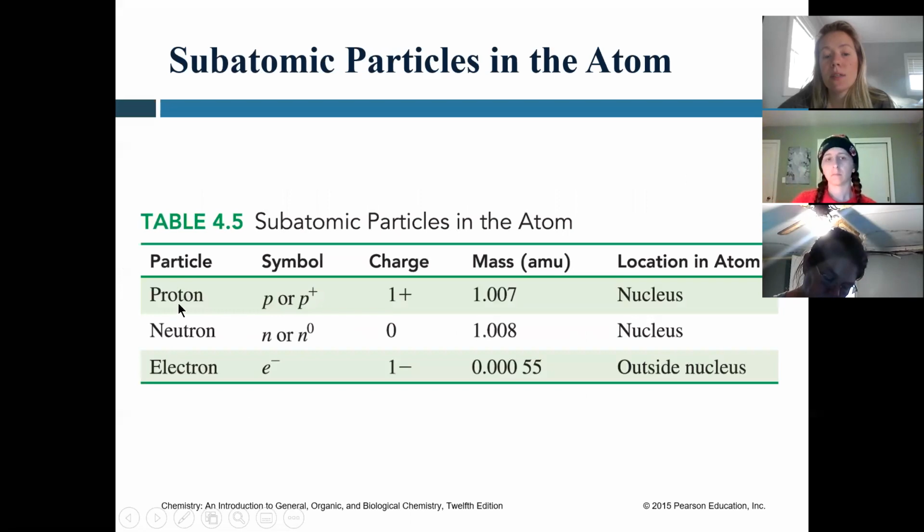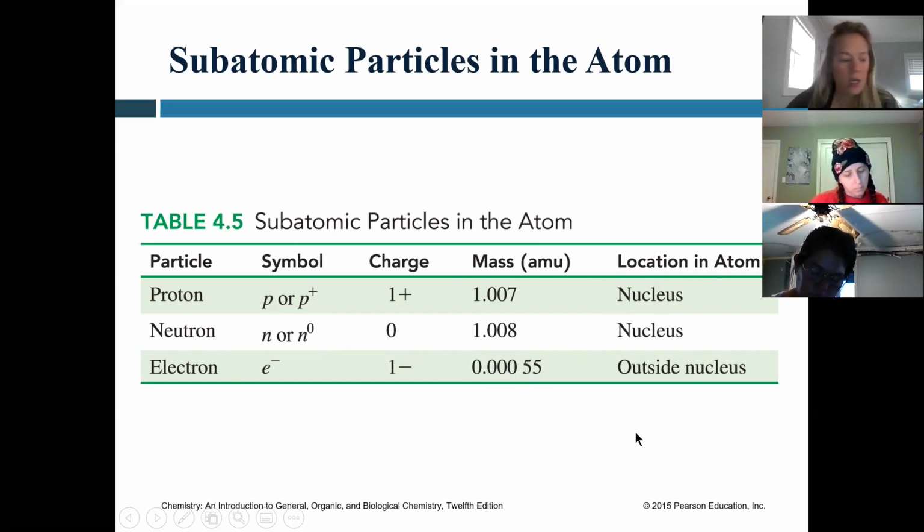Some of the properties of these subatomic particles, you want to know this. Protons are positive, neutrons are neutral, electrons are negative. Know that the mass of a proton is 1, the mass of a neutron is 1, and the mass of an electron you can just say is negligible, okay? And also know where they're located. Any questions on the setup of the atom and the subatomic particles?